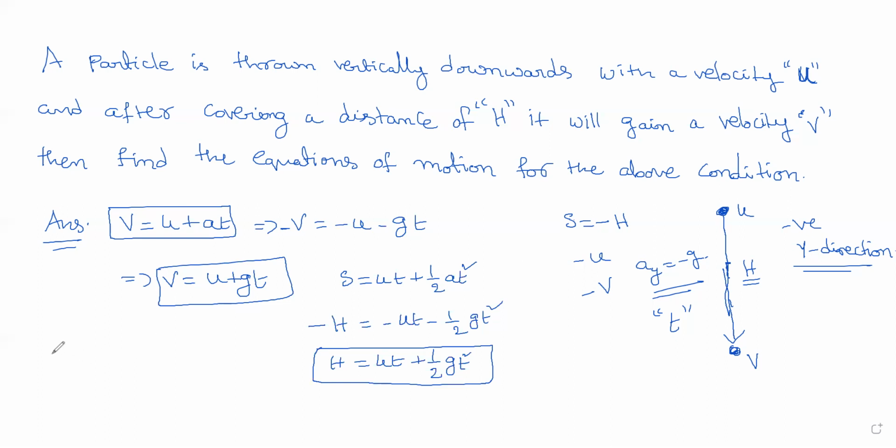Similarly, the third equation, v square minus u square equal to 2as. So we get minus v whole square minus of minus u whole square is equal to 2 into a, which is minus g, into s, which is minus h. So v square minus u square is equal to 2gh.